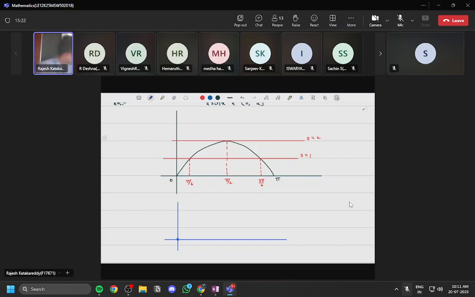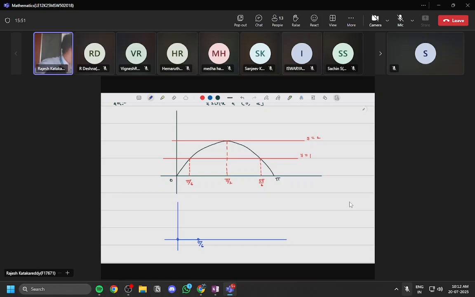It is between 0 and 1. We know greatest integer value must be 1, right? Sorry, greatest integer value must be 0. So I am drawing on the x-axis. Clear? This is pi by 6. Understood this one? Between 0 and pi by 6, 2 sin x is between 0 and 1. For 0 to 1, the greatest integer will be 0 only.